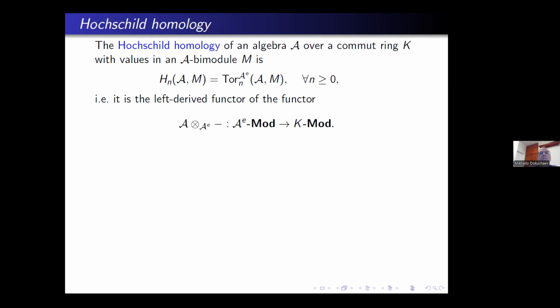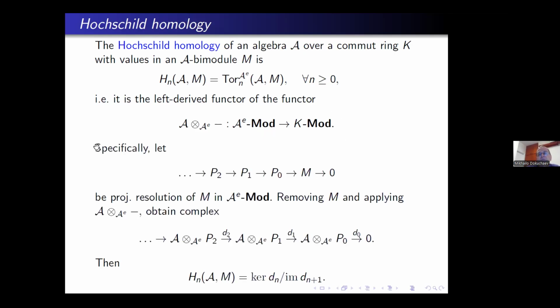Now, Hochschild homology. So I recall here, this is just the left derived functor, the Tor functor, of the tensor product functor going out from the category of bimodules and entering the K-modules.